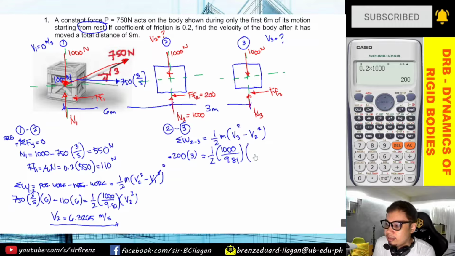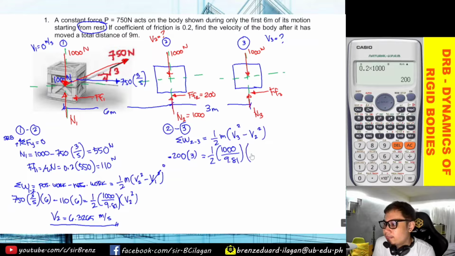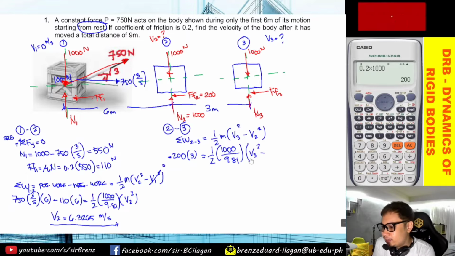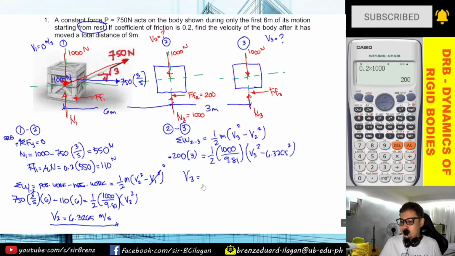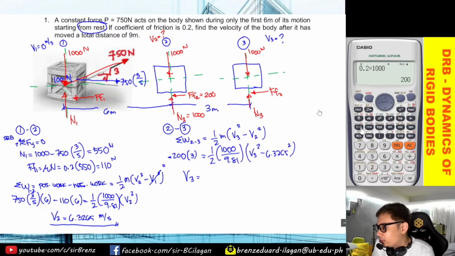And then, V sub 3, ito nga yung unknown. So, minus yung nakuha nating sagot na 6.3265 squared. So, we will have an answer for the velocity under point 3. So, pindutin lang natin sa calculus. Negative 200 times 3.